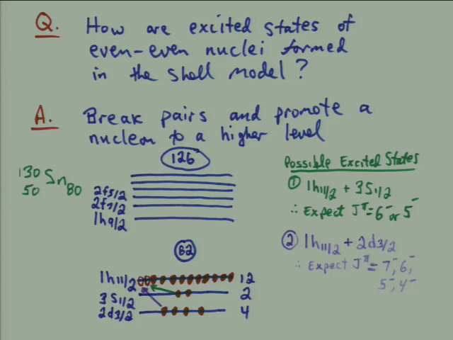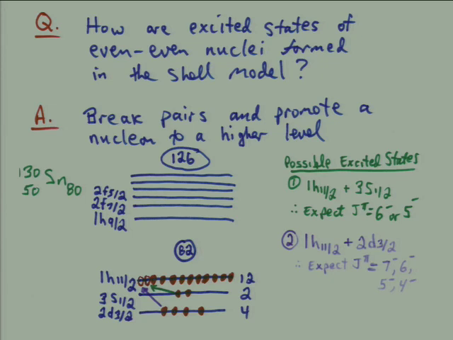This state has positive parity because L equals 0. This state has negative parity because h means orbital angular momentum of 5. Minus 1 to the 5 is negative. So if I took a neutron and pushed it from this level up to here, I would expect to see states of spin 5 or 6 with negative parity.